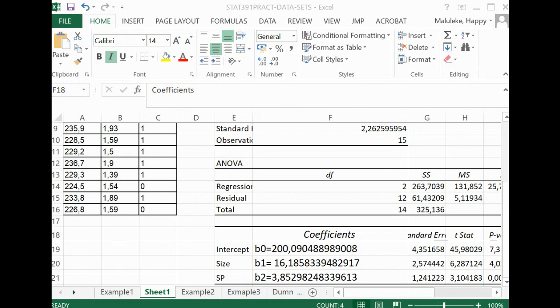So let me write the model for you. Y was the selling price. I'm writing the model from the weight, 16.18 size, plus point.